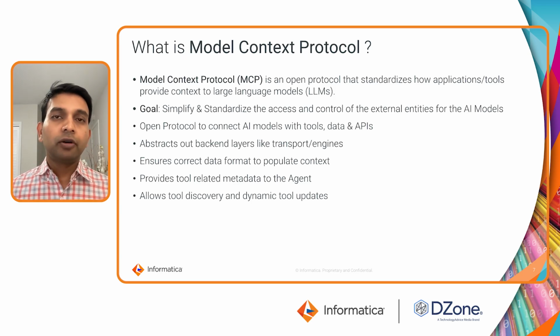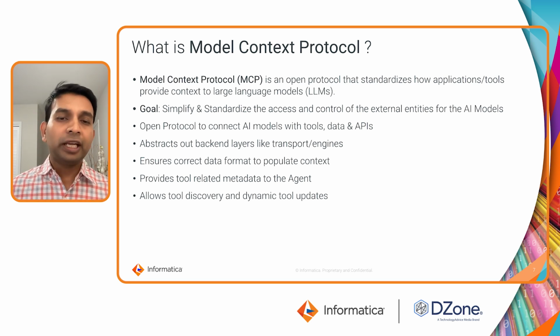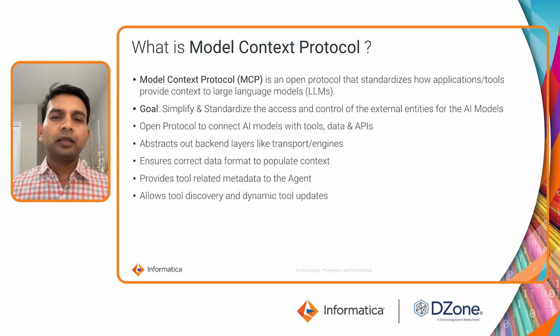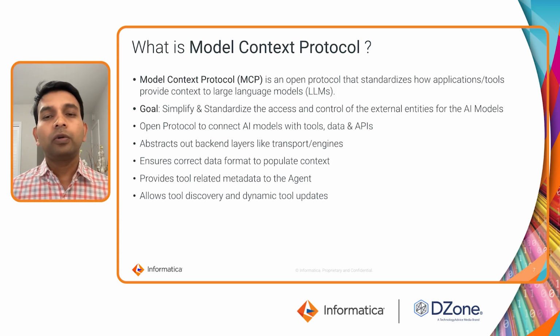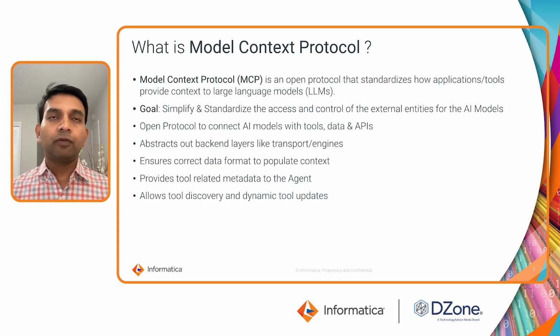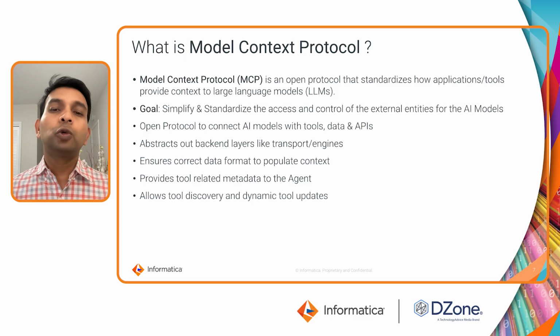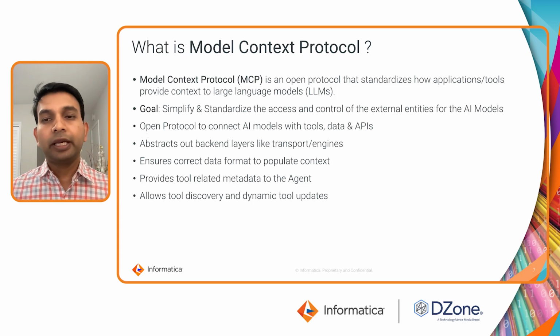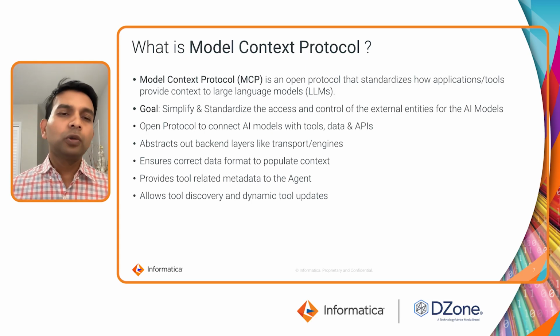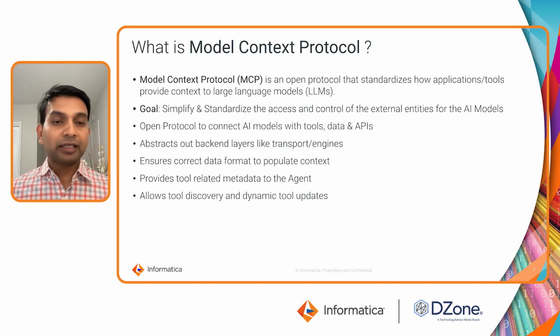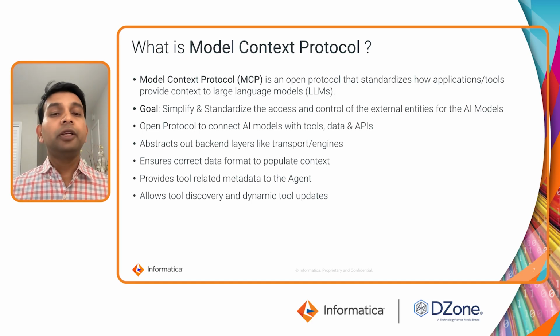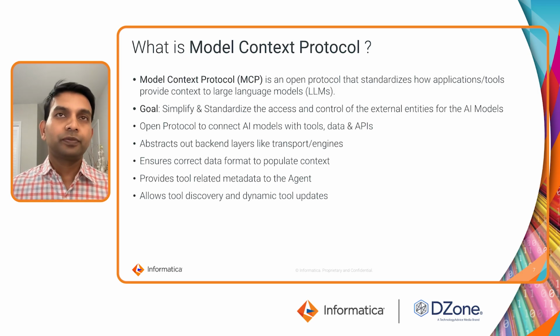It provides rich metadata about what tools exist and how they connect to the agents as well. And most critically, it allows for tool discovery and dynamic updates. Your AI agents can ask what tools are available and get real time answers. And if you add a new capability, every AI agent immediately knows about it.